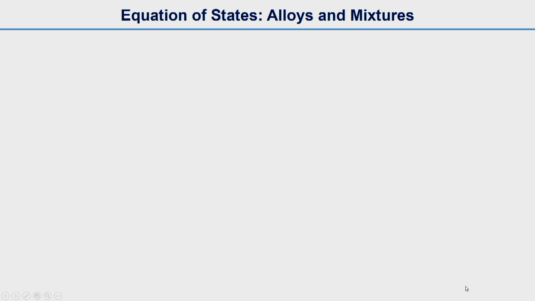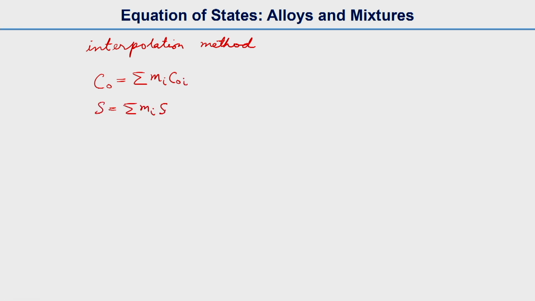What we can do, as we mentioned, is use some interpolation method. There are different methods to do that, but we will go with the simplest one. So we can take these shock parameters, C naught equal to summation of mi C naught i, and similarly S equal to summation of mi Si. What is this mi?